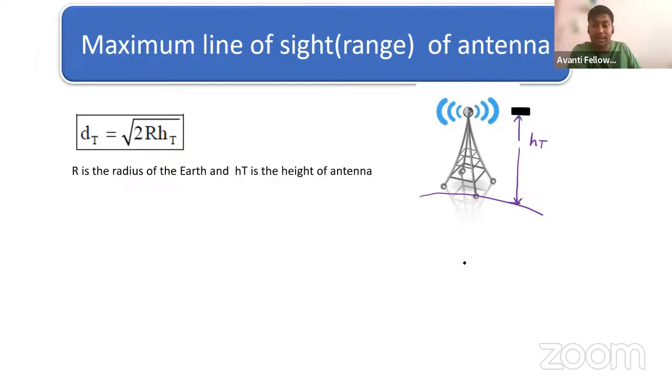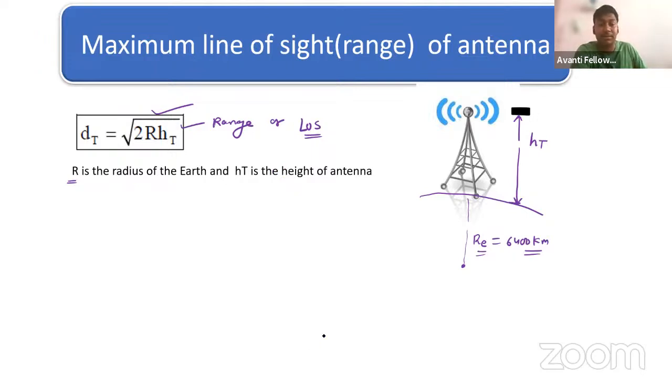Now if I take the center of the earth, that will be the radius of the earth, which most of the time we take as 6400 kilometers. Now the range is written in this form: dT equals root 2 R hT. This is the range, or you can say line of sight, of this antenna. R is the radius of the earth, and hT is the height of the antenna.